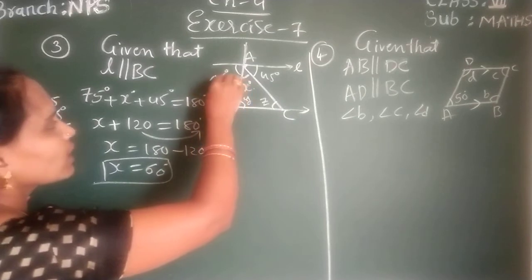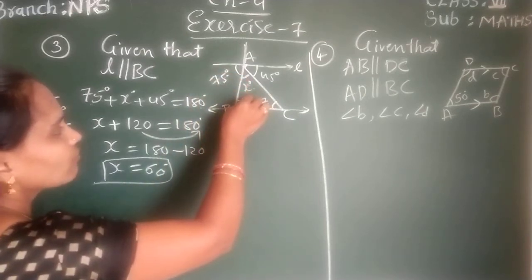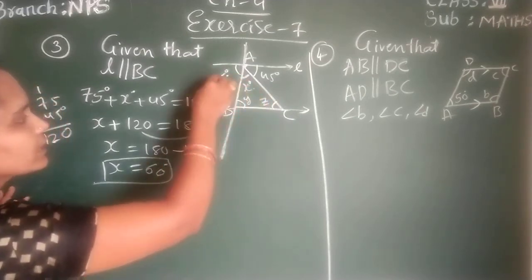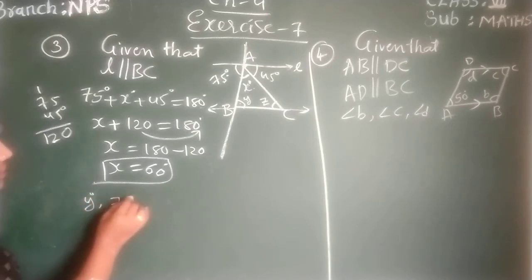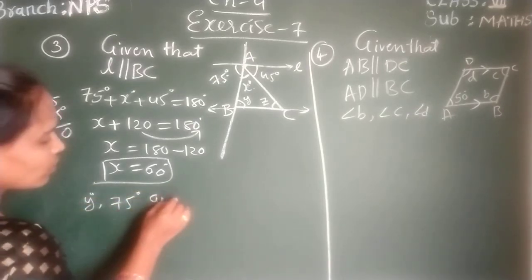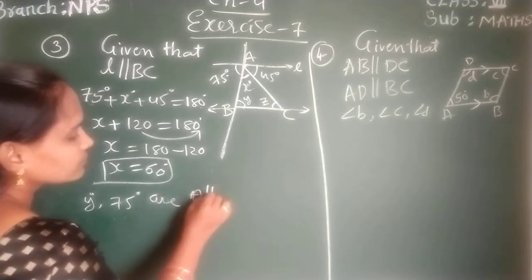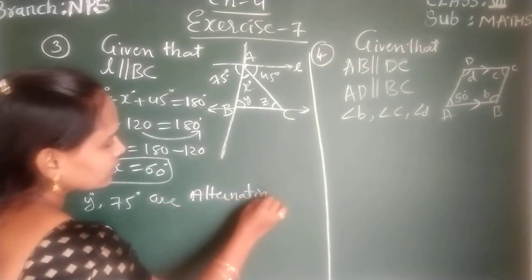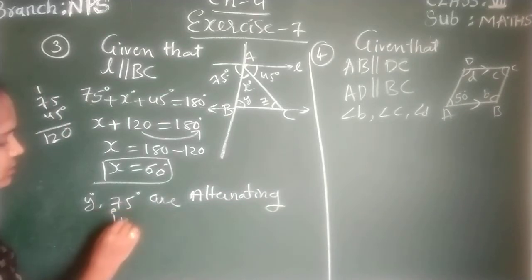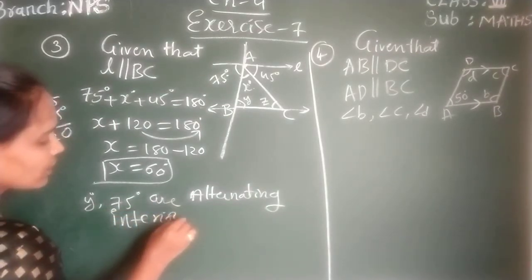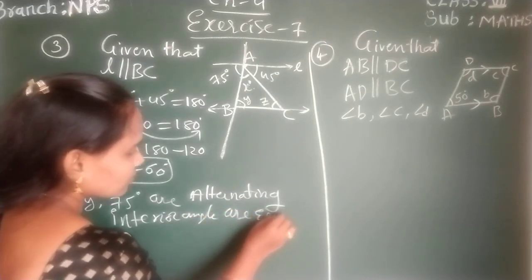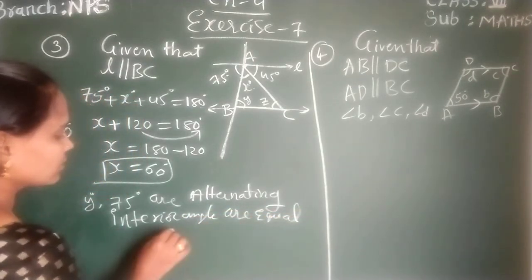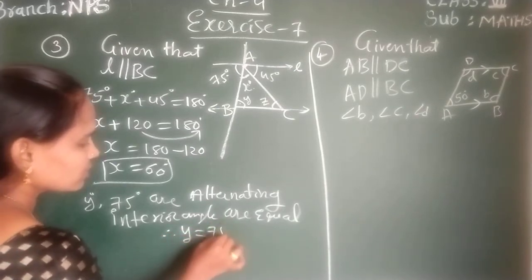So whatever value is there, the same value we can take for y. So we can take y is equal to 75.